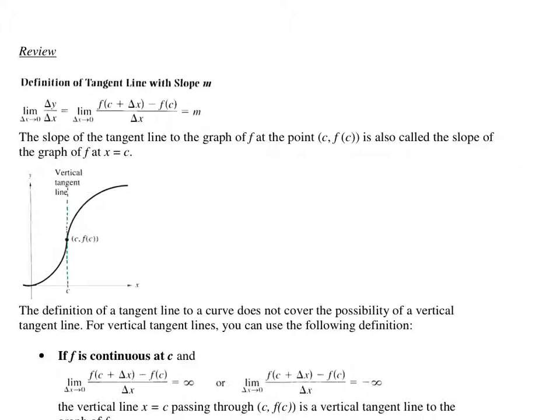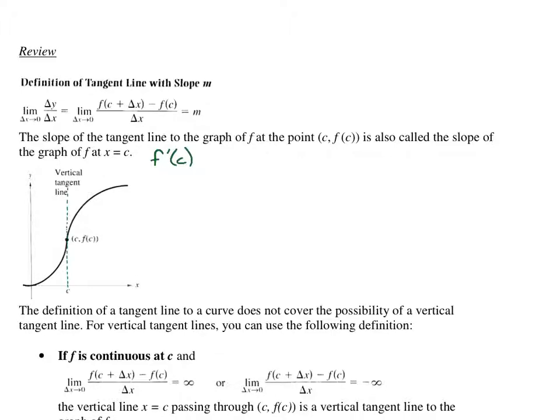The slope of the tangent line to the graph of f at the point (c, f(c)) is also called the slope of the graph at x equals c. It's also given by f prime of c. Now, we do have instances where we have a vertical tangent line.